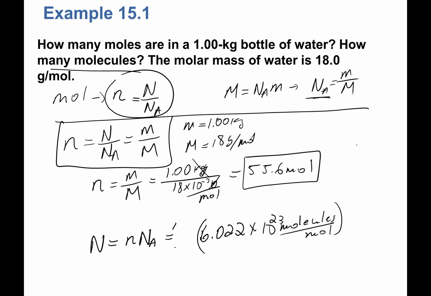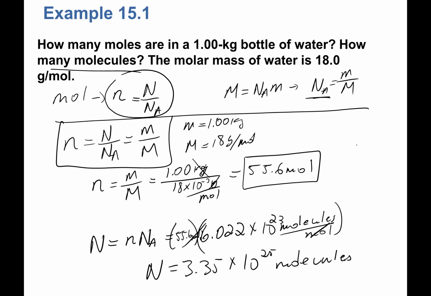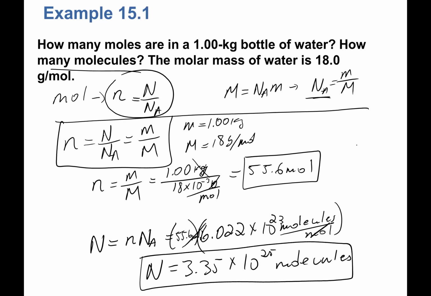I have 55.6 moles of those. The moles cancel out and we get the number of particles, which is 3.35 times 10 to the 25 molecules. That means we found how many molecules there are in 1 kilogram of water.